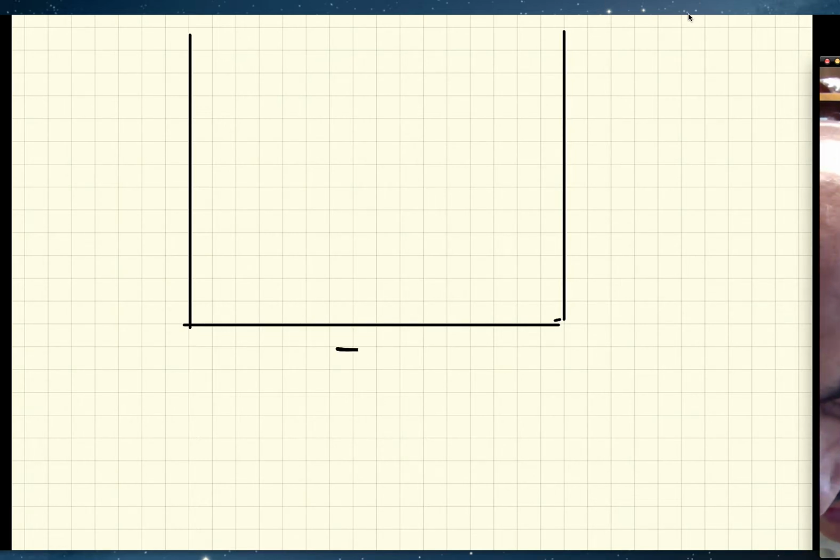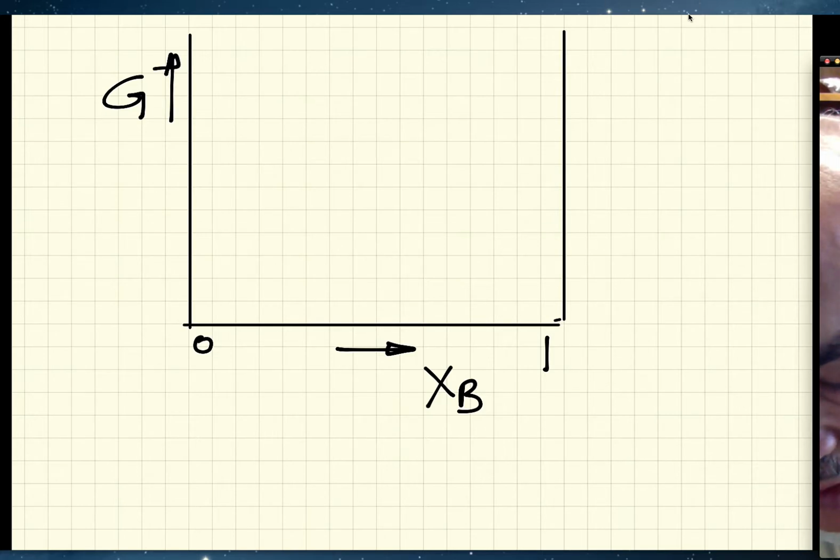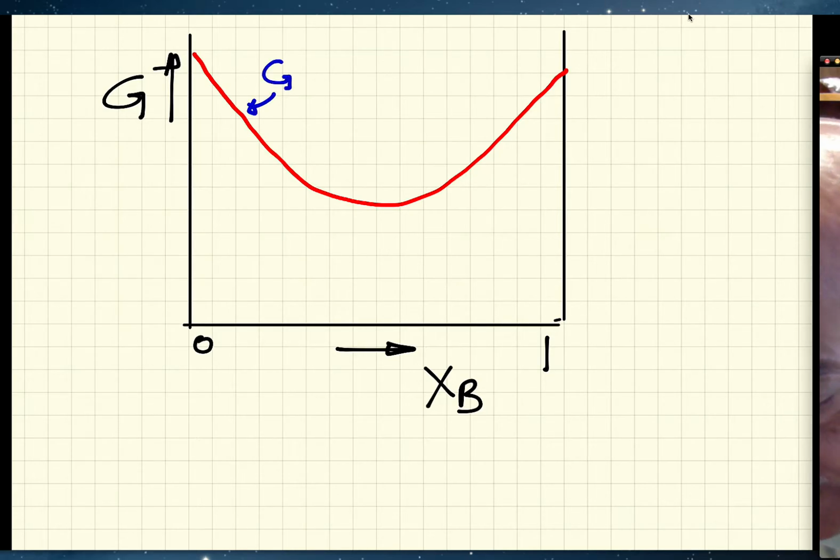So I take on this axis x sub b going from 0 to 1, and on this axis G going up, representing the Gibbs energy for any phase.